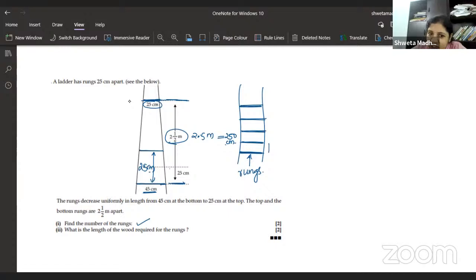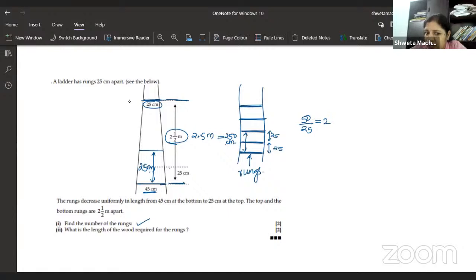Here the distance between these two is 25. The distance between these two is also 25. So the total distance between these two is 50. So you are doing 250 by 25. Here, this distance is 50 divided by the distance between each, 25. So how much are you getting? 2.